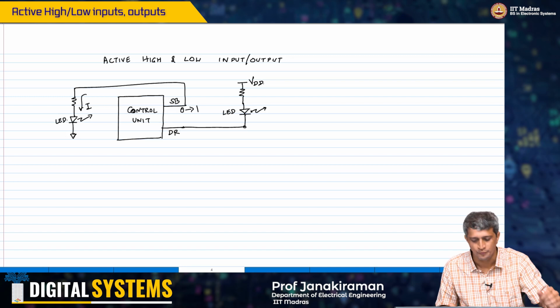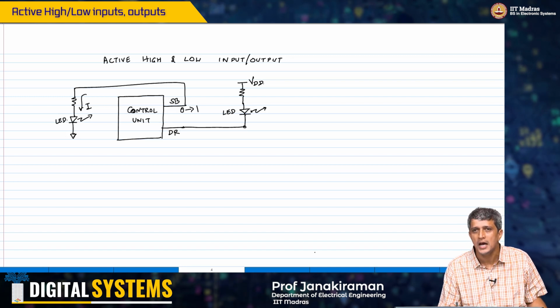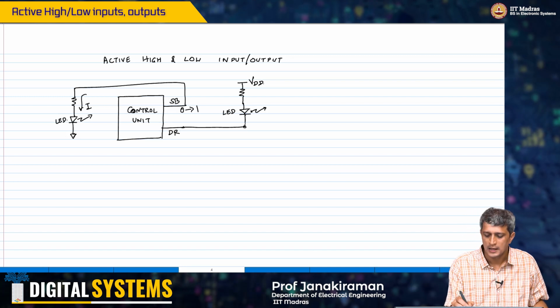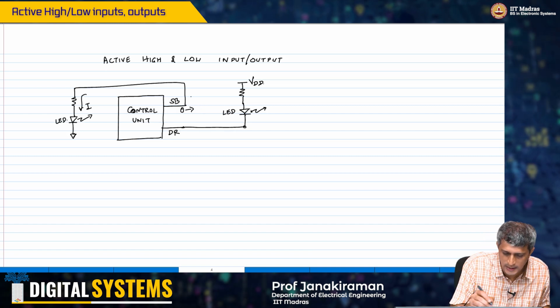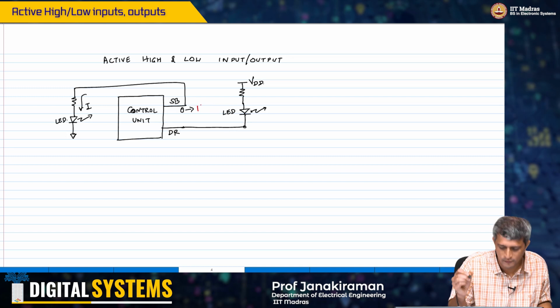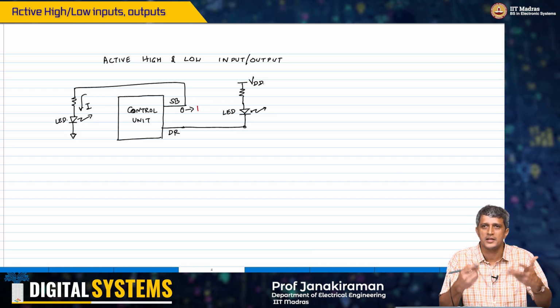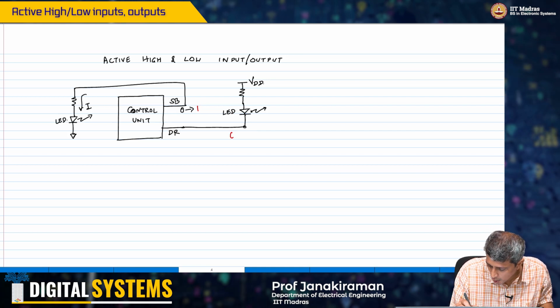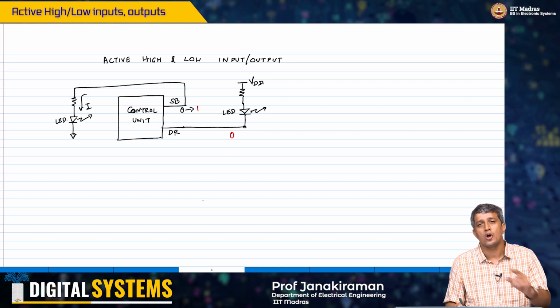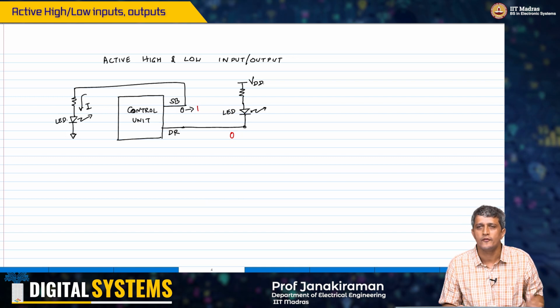And the LED will glow. On the other hand, if you look at this DR output, if DR is 0, I'll indicate in red the state in which the LED will glow. Let's say the LED is red. When DR is 0, the other end is already connected to VDD for the LED, and therefore you will have a current.